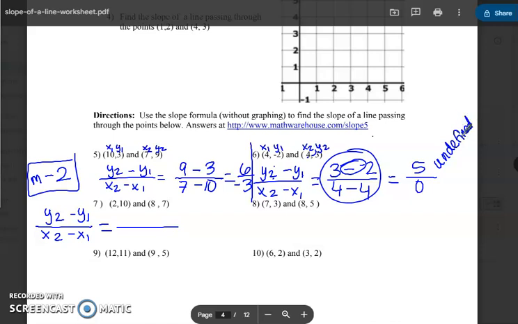This would end up being a vertical line. And if you plot that, you will see that those 2 points make a vertical line. So I'm going to let you continue this. Again, you can use your calculator. Be careful. Label your points. I'm going to just put a big box here because that entire thing shows my answer.